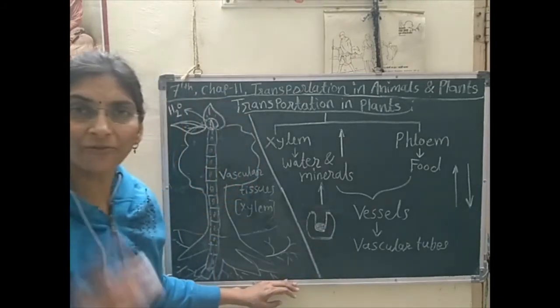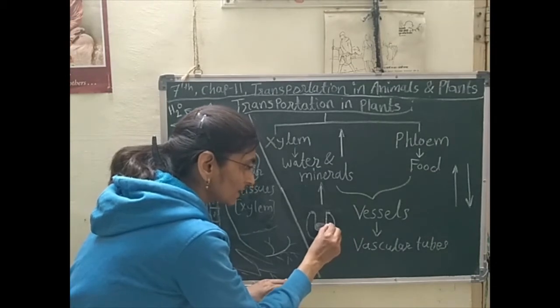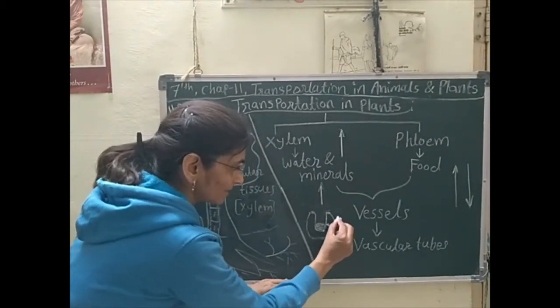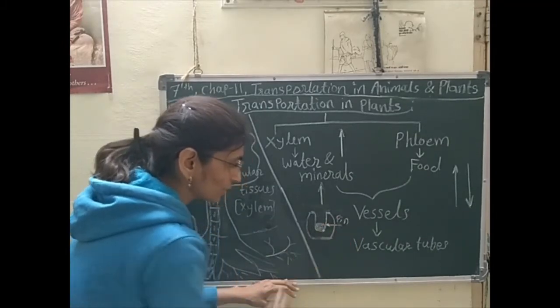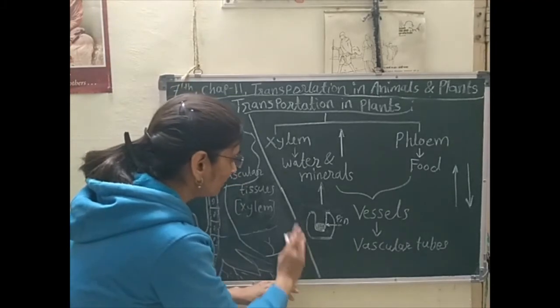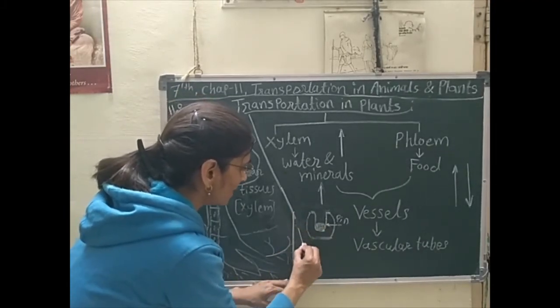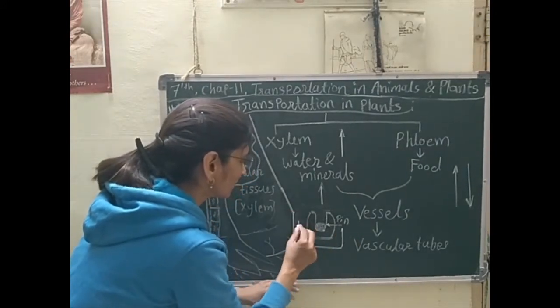Yes, and for knowing the level, insert a pin up to this level. This is pin. This is sugar solution. And now keep this potato inside one container. Yes, suppose this is one container.